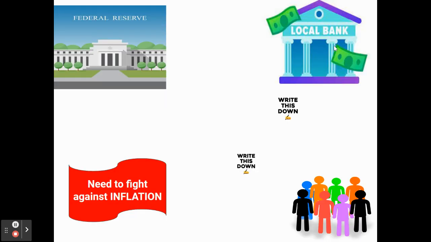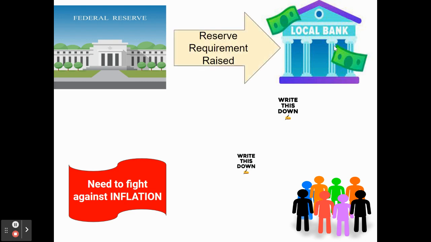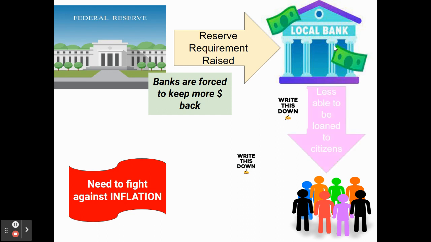So, let's say the Federal Reserve is trying to fight against a time period in the United States of inflation. What tools does the Fed have related to the reserve requirement to fight against inflation? One of the things the Fed can do is raise the reserve requirement. Basically, what this means is that your bank is being told by the Fed that they have to keep more money back. So, they're not able to give out as much in the form of loans.